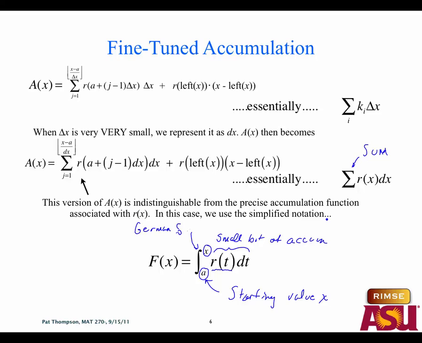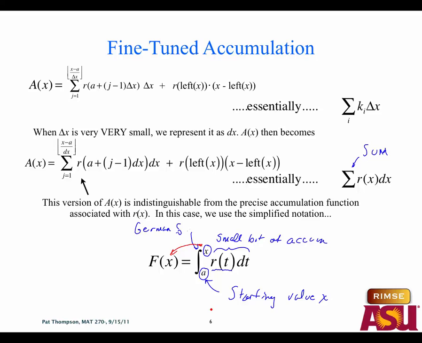Okay? So this is a function. The output is an amount of accumulation, and the input is what? What's determining how much accumulation we get? Which is what? Where we currently are.